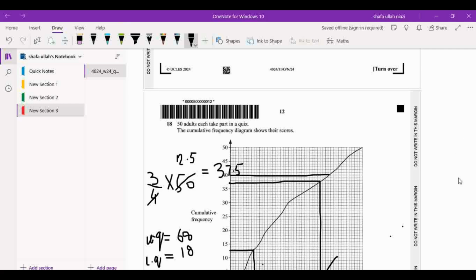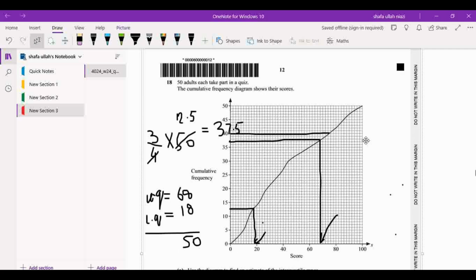This is here, somewhere between these two lines. So this is 70, 72, 74, 76 or 75.